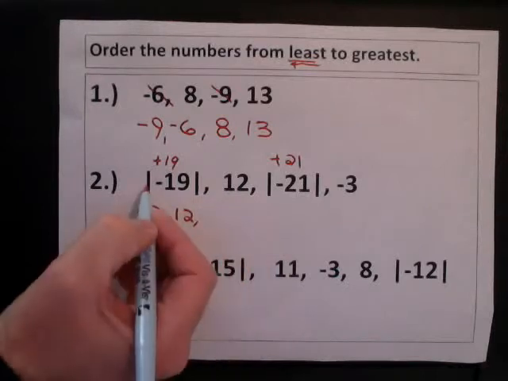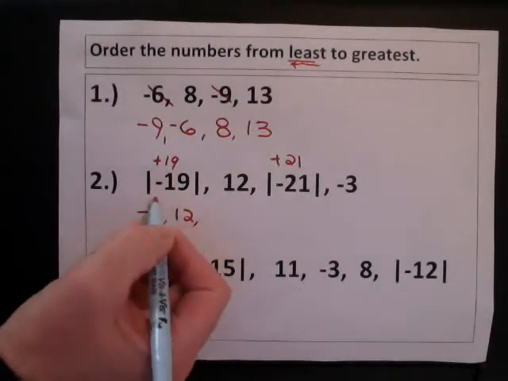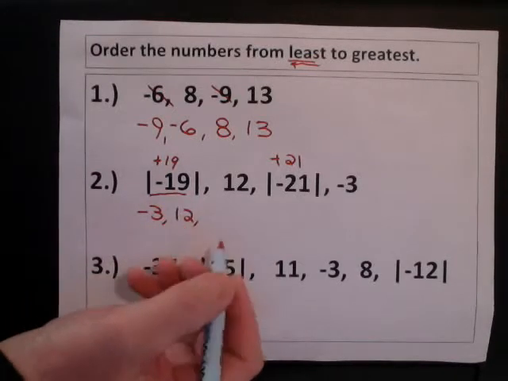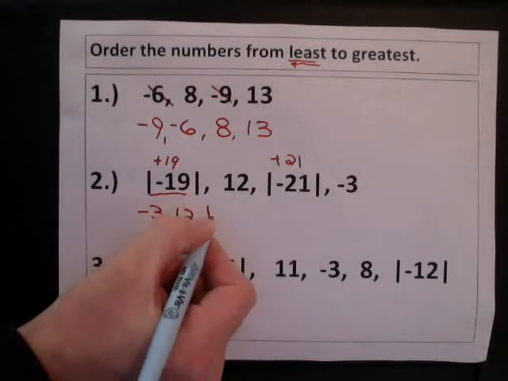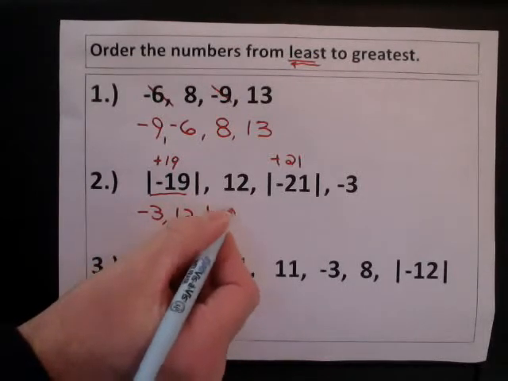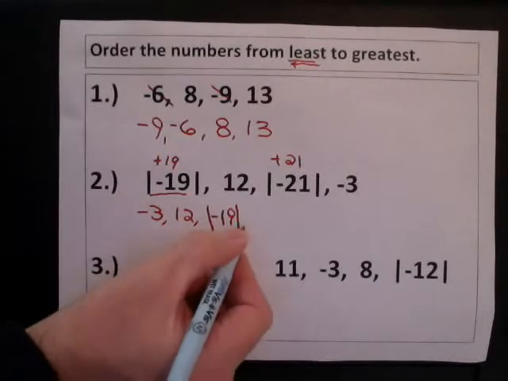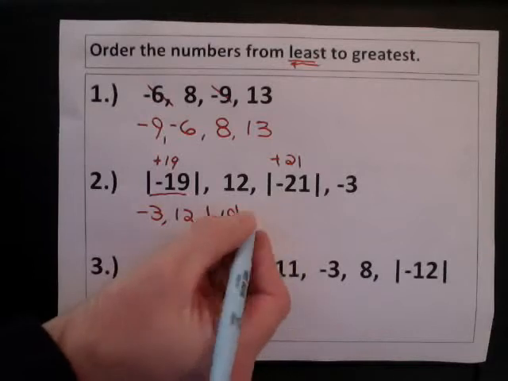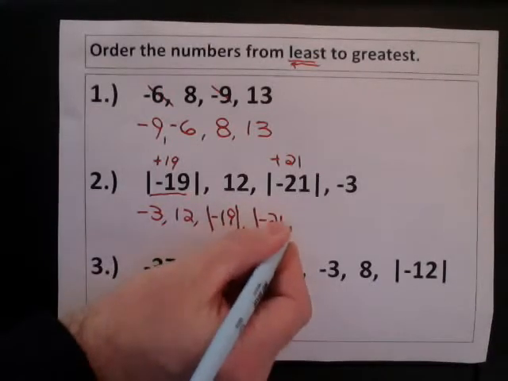But we're not going to write it as positive 19 because that's not what they want us to compare in order. They want us to compare the original amount as it's written. So we're going to make sure that we say the absolute value of negative 19 compared to 12 and negative 3. And then we're going to also write down the absolute value of negative 21 would come next because we are talking about absolute value.